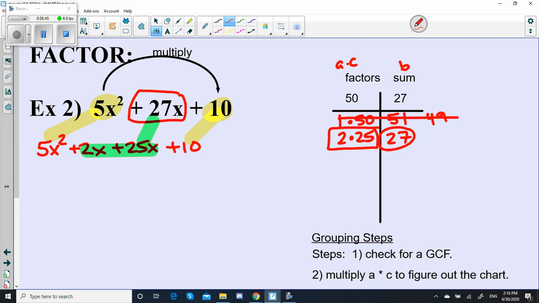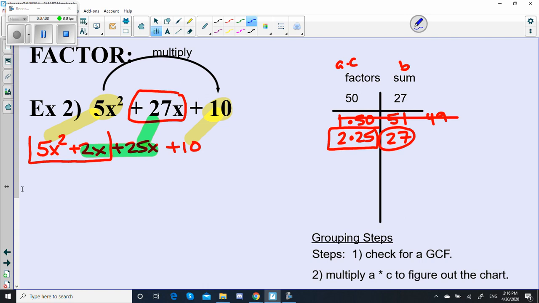So we look at the first two terms right here and we ask ourselves, what is the GCF of these two terms? So this takes us back to 7.4, which was a while ago. So 5 and 2, there's no number besides 1 that I can factor out. The first term has an x squared and the second term has an x. So that means that I could divide an x out of both of them.